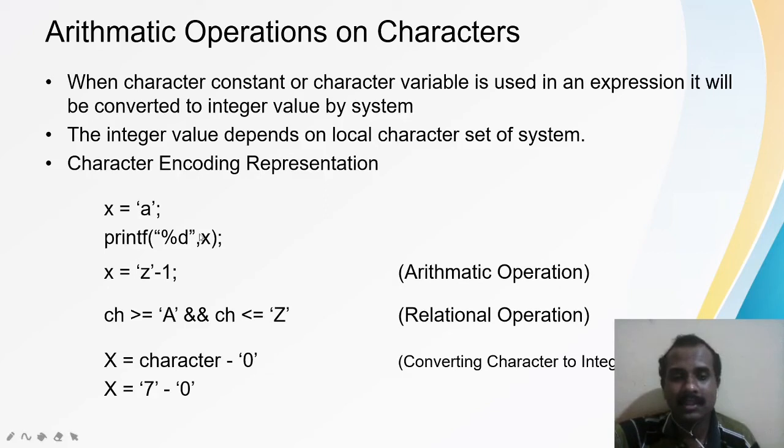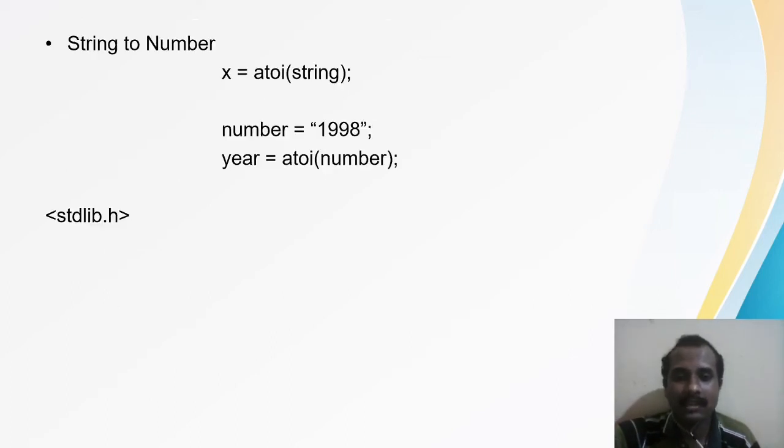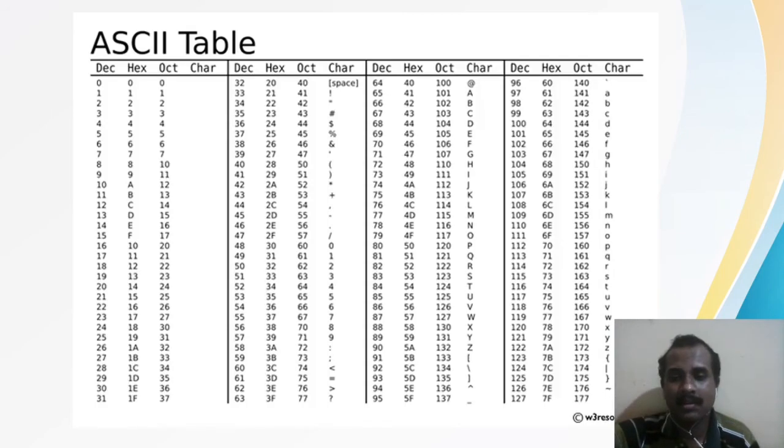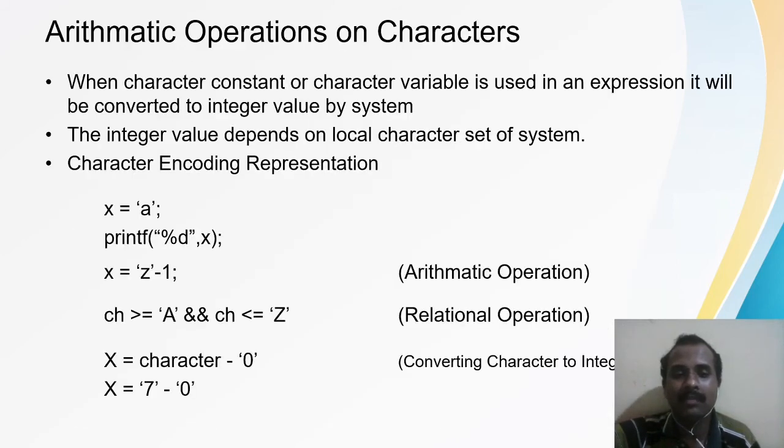Now I can also do mathematical operations. Why? Because z will be converted into its integer value, which is 122. So 122 minus 1 is 121, and that will be stored here.